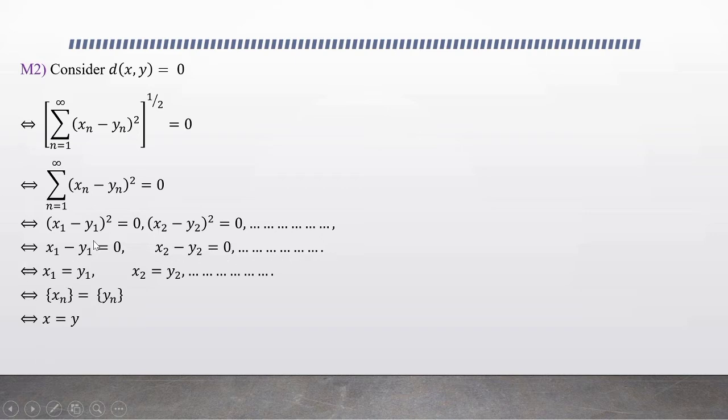So, we get x1 is equal to y1, x2 is equal to y2, x3 is equal to y3, and so on. Therefore, we get sequence xn is equal to sequence yn, and sequence xn we consider as x, and sequence yn we consider as y. So, if d of xy is equal to 0, it implies x is equal to y. And if we consider x is equal to y, by implies and implies by, we get d of xy is equal to 0, and therefore d satisfies coincidence.